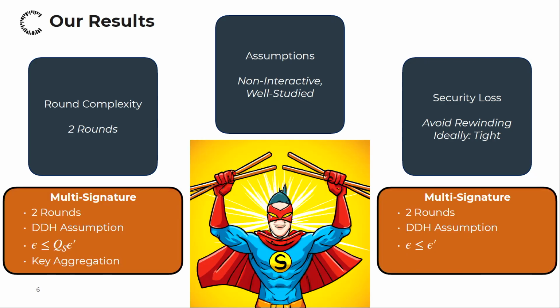With the two schemes that we propose, we have 2 schemes based on the DDH assumption. Both of them have 2 rounds. And the difference is that one scheme is not fully tight. It has a security loss proportional to the number of signing queries that you have in the security game, but it allows you to aggregate your keys. And the other scheme is fully tight.